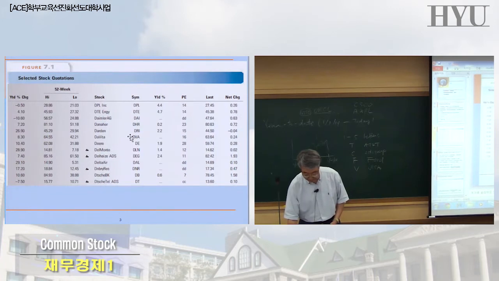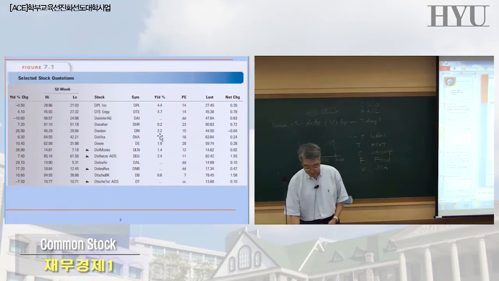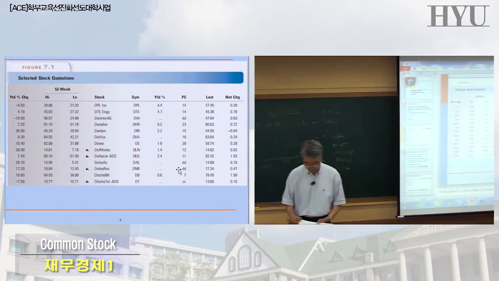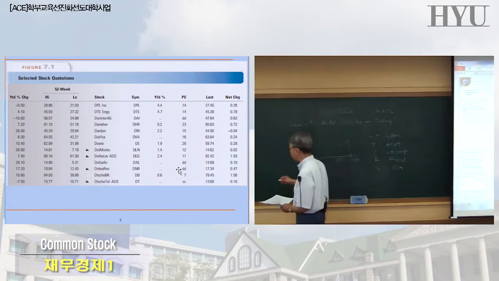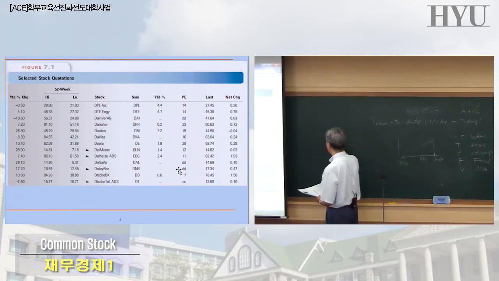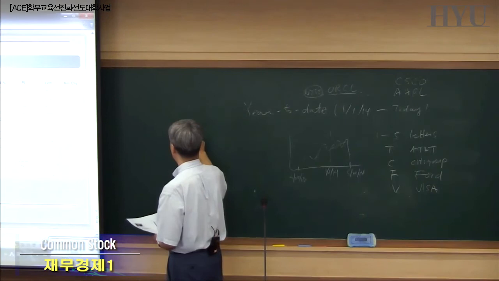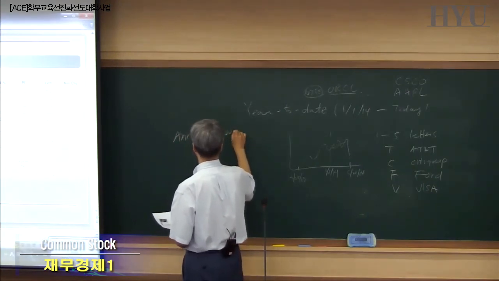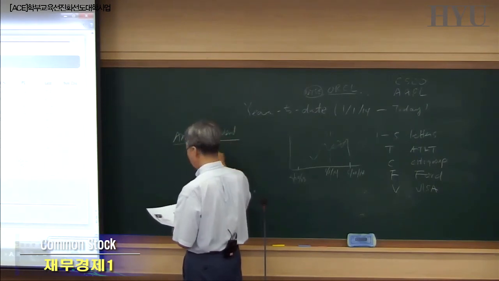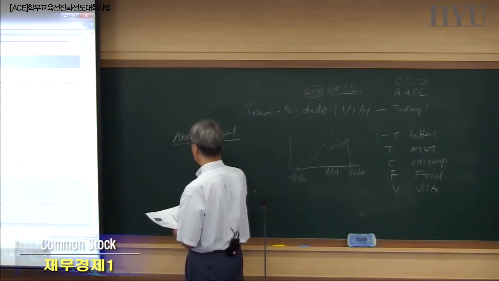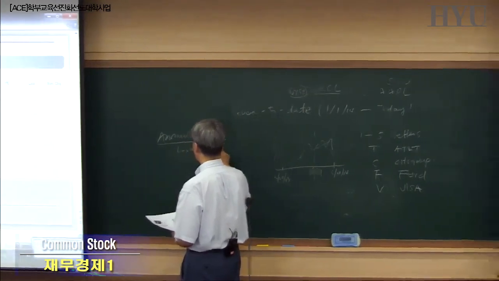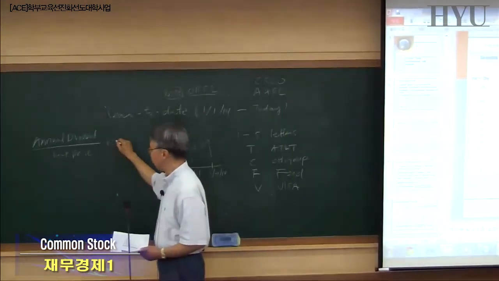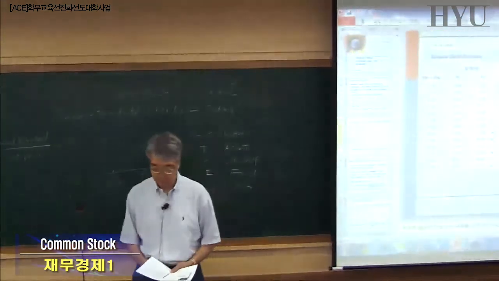Okay, and then the next column is yield percentage. This is dividend yield. Yield percentage is annual dividend divided by the last price, times 100 to make it a percentage.